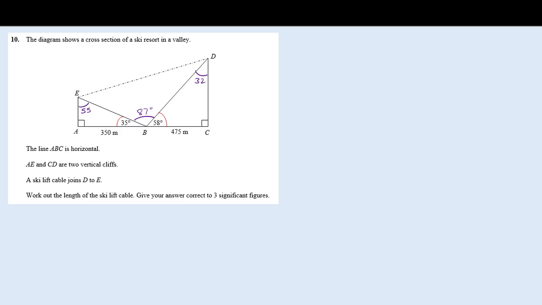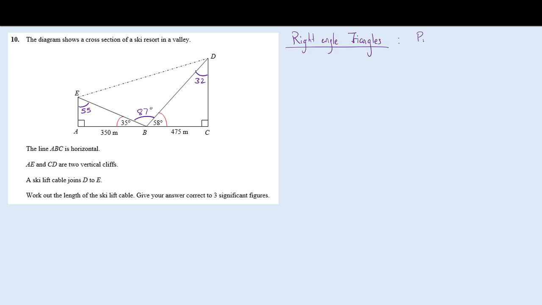So, there are some things which are kind of looking at me at the moment. I've got some right angle triangles, and we can think, what maths have we learned that use right angle triangles? Okay, there aren't too many bits of maths that we've looked at in depth that use right angle triangles.